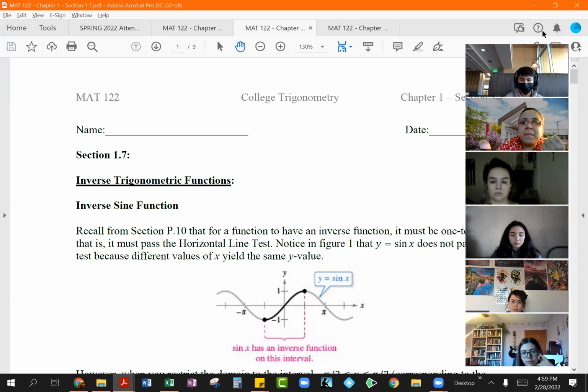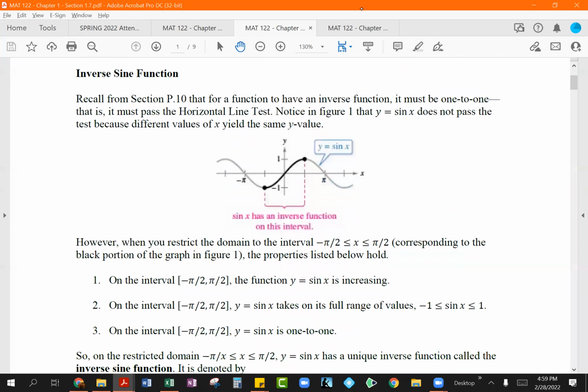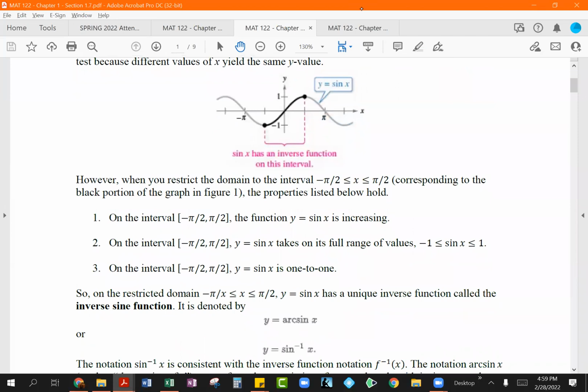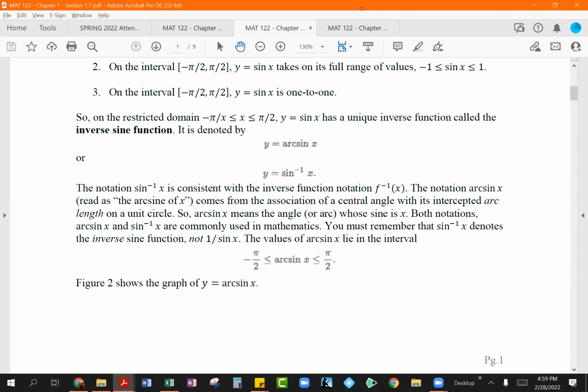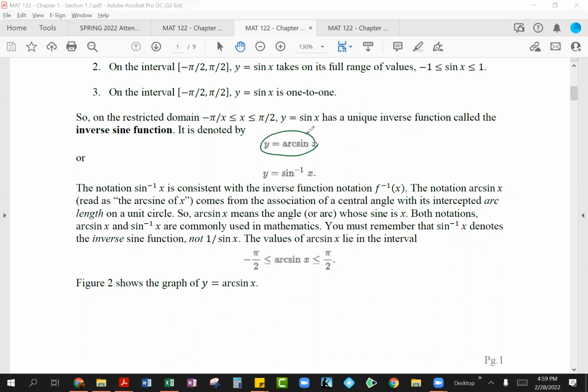So when we're talking about inverse trigonometric functions, please remember we are not talking about secant, cosecant, cotangent. We are literally talking about this inverse symbol over here, or sometimes we call them arc sine, arc cosine, arc tangent, or we use this symbol and that little exponent of -1 that you can kind of see over here.